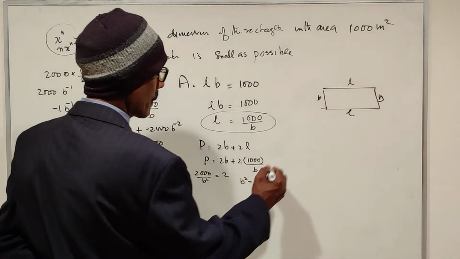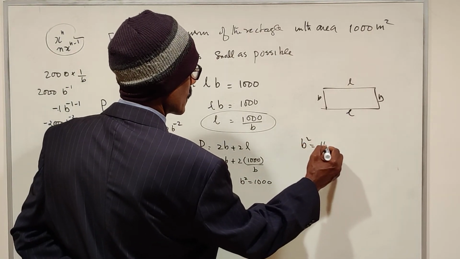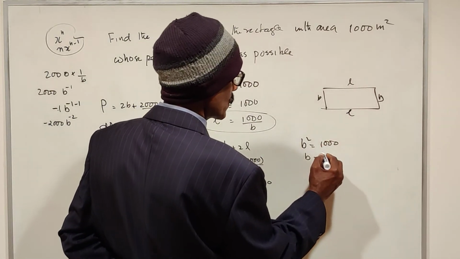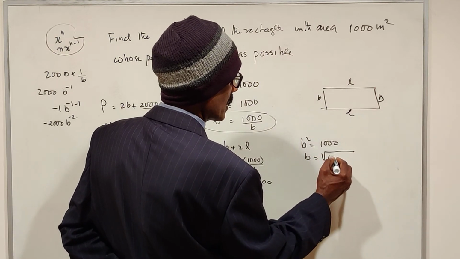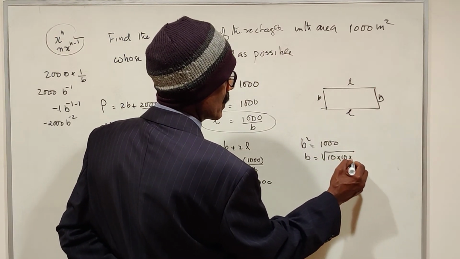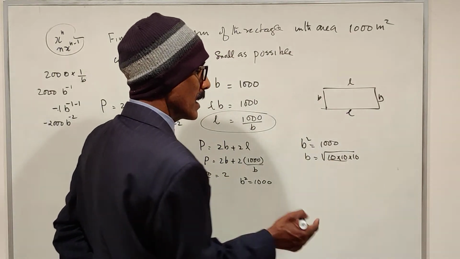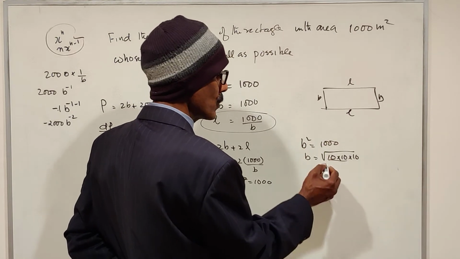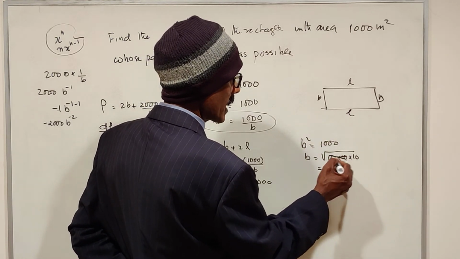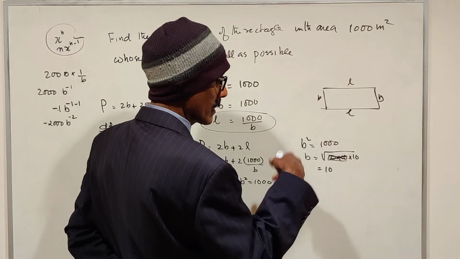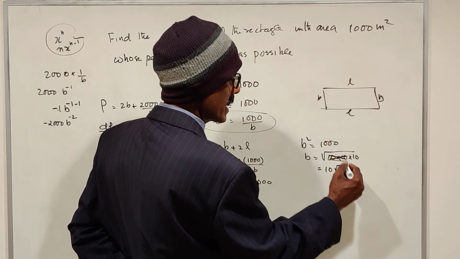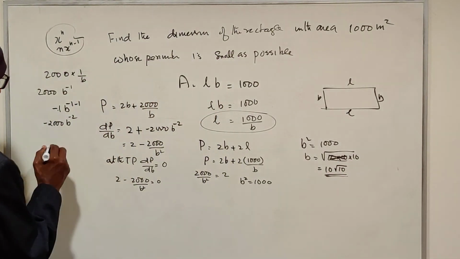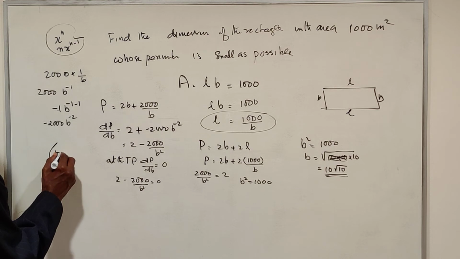What is B? B is the square root of 1000. 1000 means 10 into 10 into 10. If there are two tens inside the square root, you can take out one 10 outside. Then root 10 is inside the square root. So B is 10 root 10. The turning point is 10 root 10.